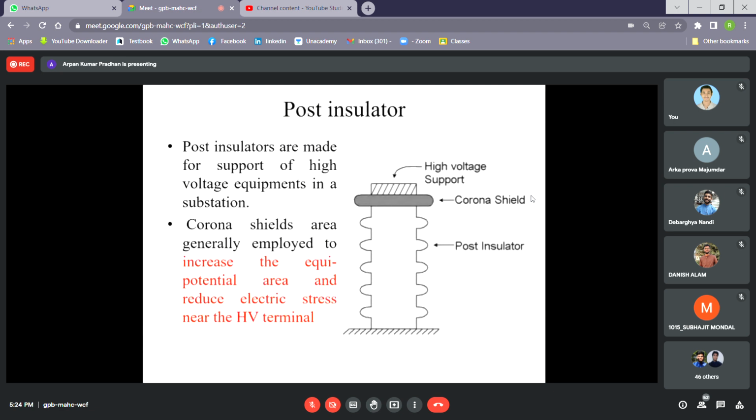If you look at the actual picture of the corona shield, it is circular. As it is circular, the field distribution moves towards uniform. So the electric field intensity becomes more uniform with the presence of the corona shield, and that reduces the chances of breakdown of air.